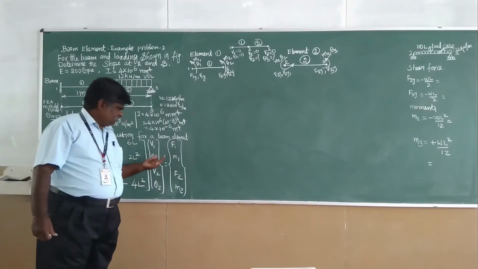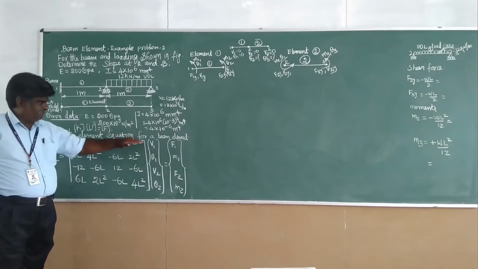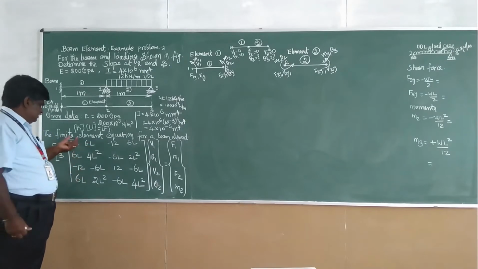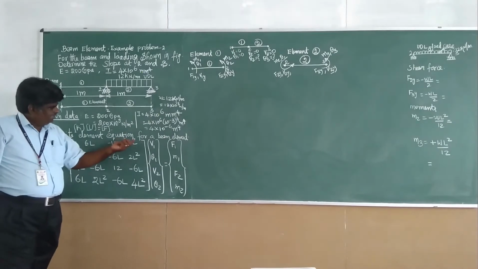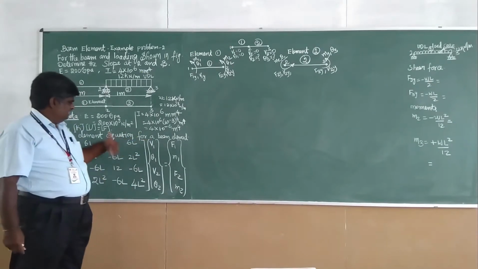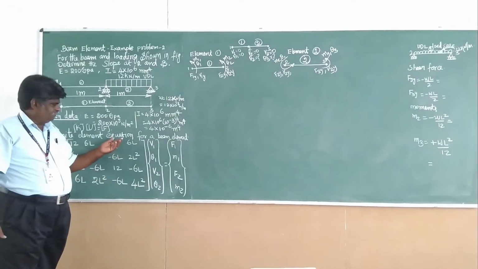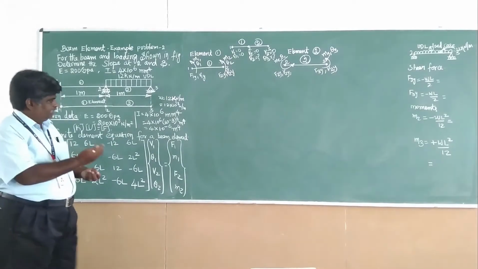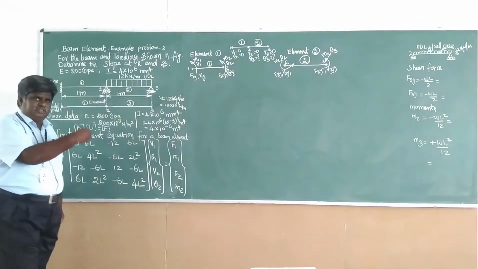So considering the finite element equation for the beam element, the next step is to calculate the element equation for element 1, and then the stiffness matrix equation for element 2. Before that, we have to analyze the boundary conditions in this given problem.